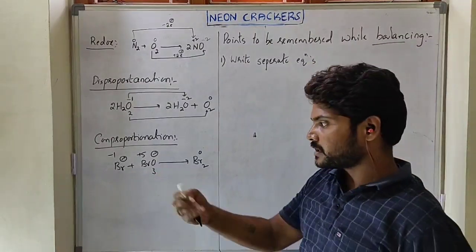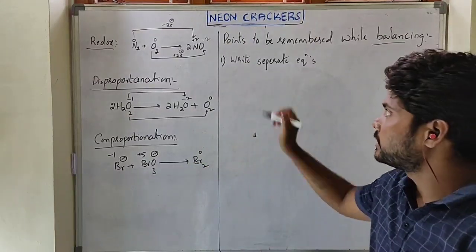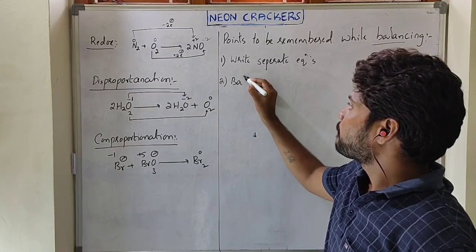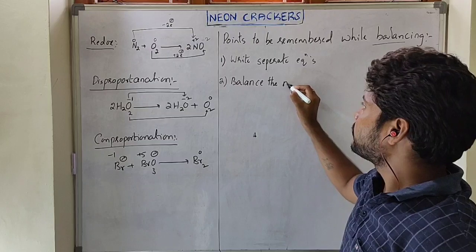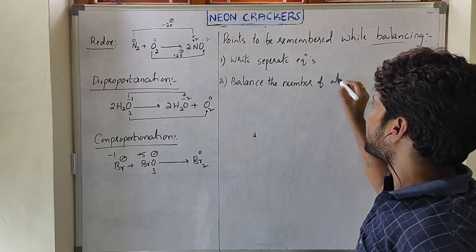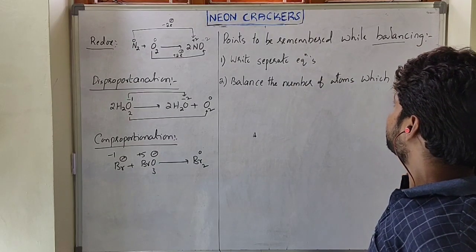Separate equations means one is the oxidation reaction and another one is the reduction reaction. We have to write them separately. And the second point is to balance the number of atoms whose oxidation number is changed.